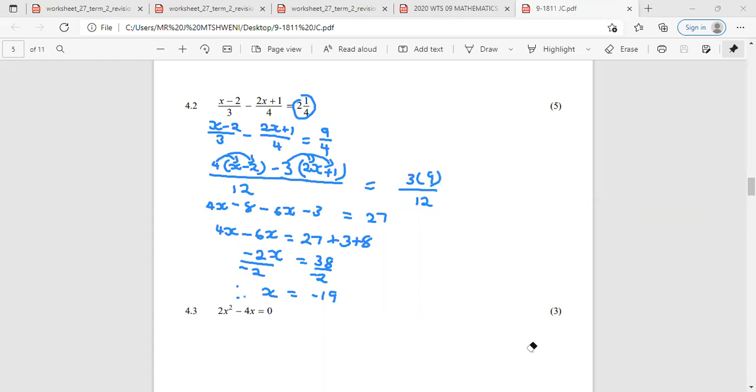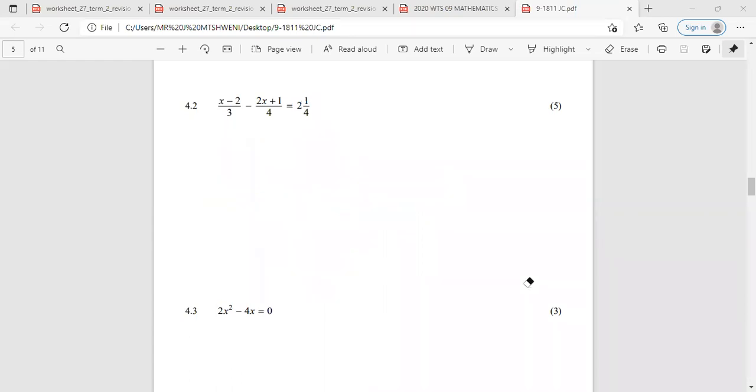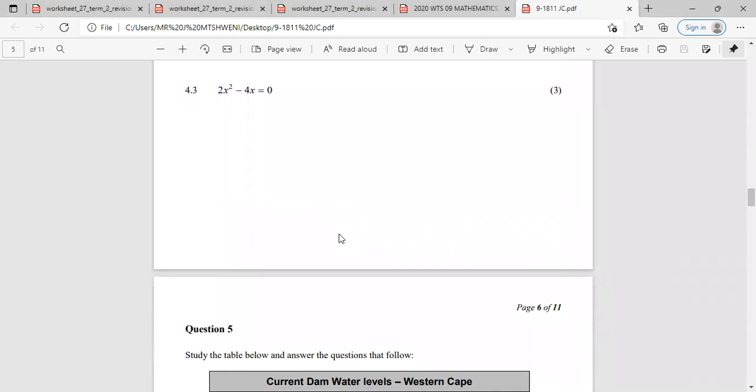Let's go to the next one. This one is 3 marks. What do we do from here? Okay, take out the common factor. What's our common factor? It's going to be 2x.